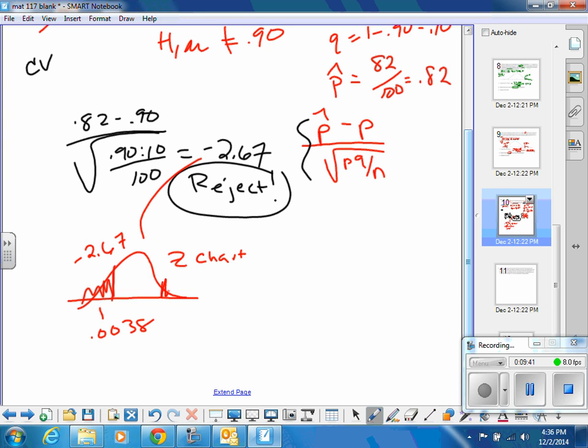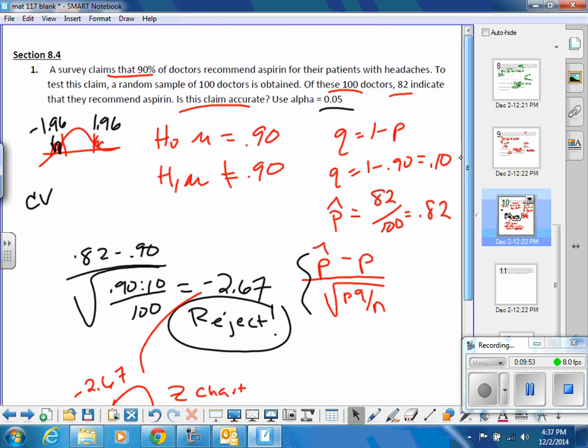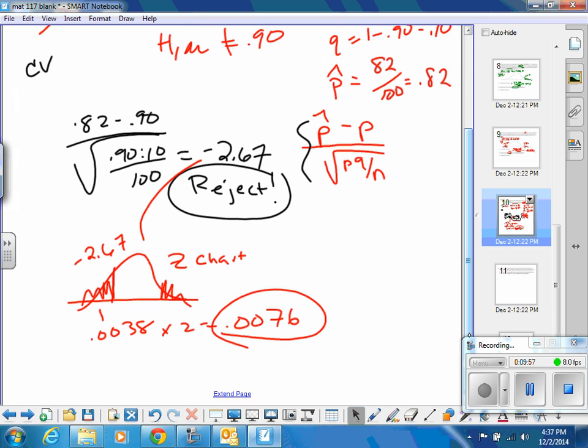But this is actually a two-tailed test, so I double that, and I get 0.0076. I take this number and I compare it to my alpha from the beginning of the problem. My alpha is 0.05. So I say 0.0076 compared to 0.05. Notice that this is way less than that, so we reject.